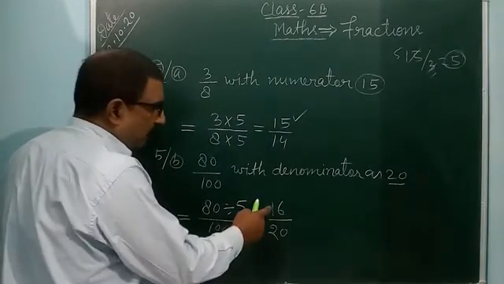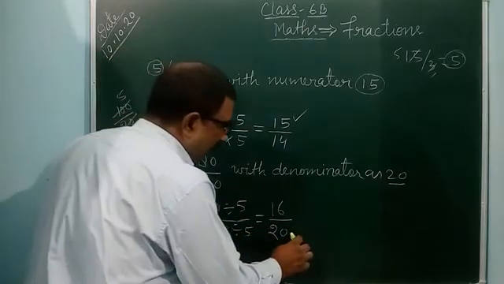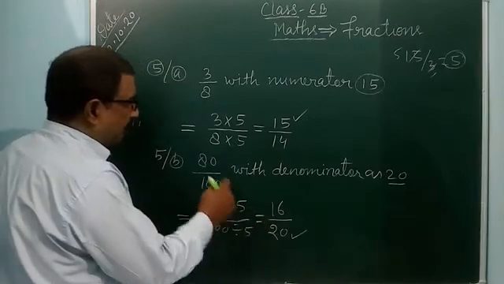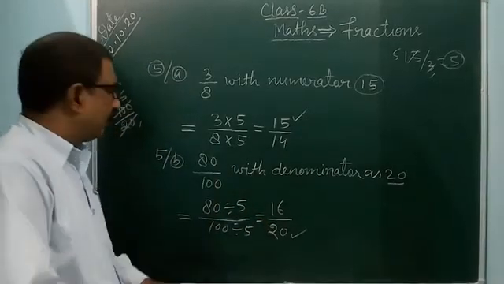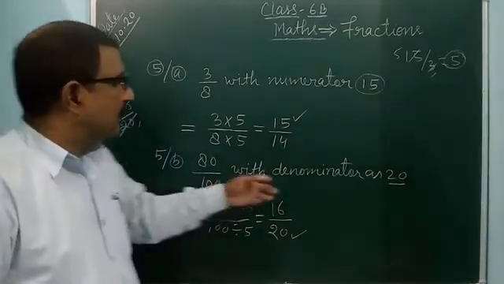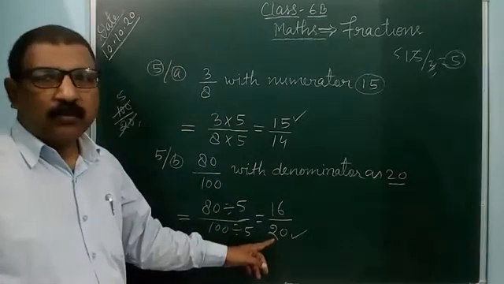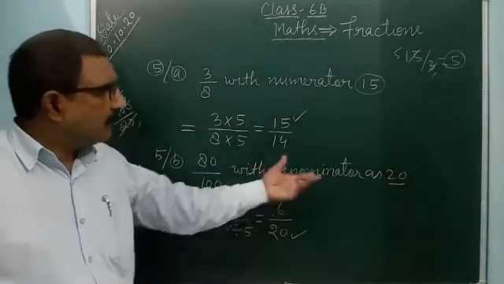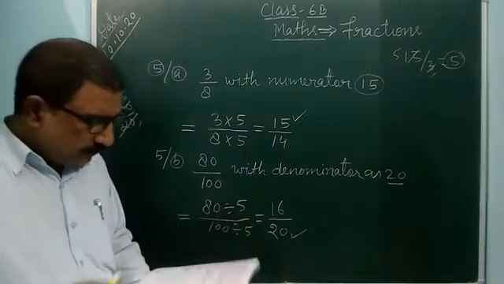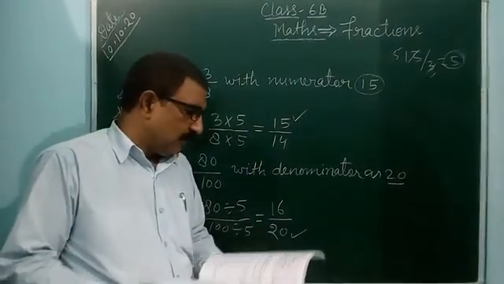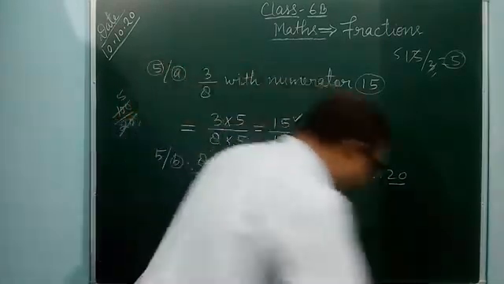So you have now 16 by 20. Now your aim has been completed. Now you have denominator 20. This is the condition, 80 by 100 with denominator 20. According to the condition, you manage. See question number 5C.